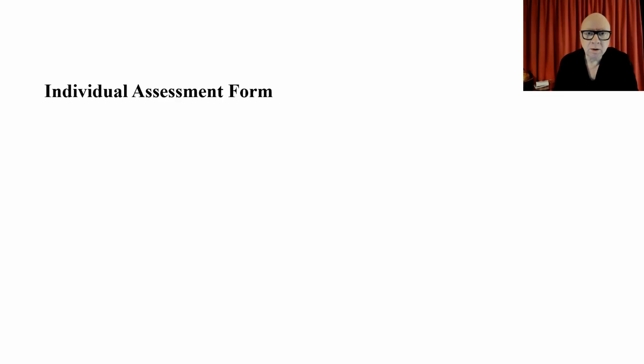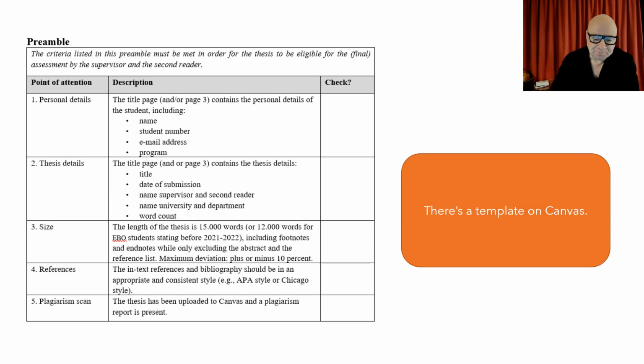Let us now take a brief look at how a thesis is assessed by the supervisor and the second reader. Both the supervisor and the second reader, and if need be a third reader, fill out an individual assessment form. And you can find one on Canvas as well.